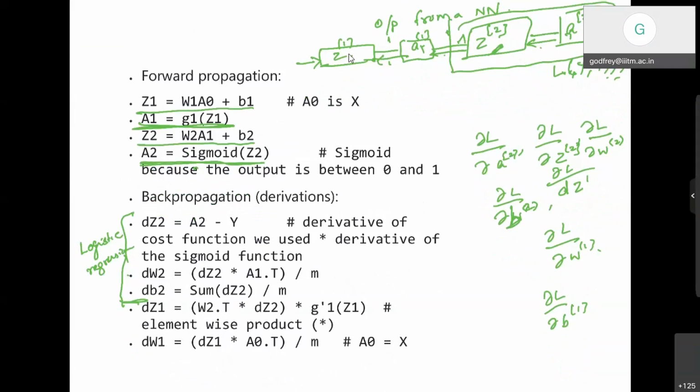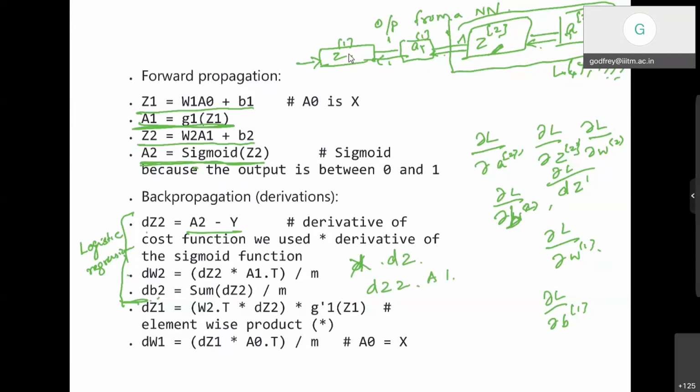There, dz was A minus Y. Here you have A2 minus Y. dW2 was X into dz in the earlier case. Here we compute dz2 into A1, because that was the input.